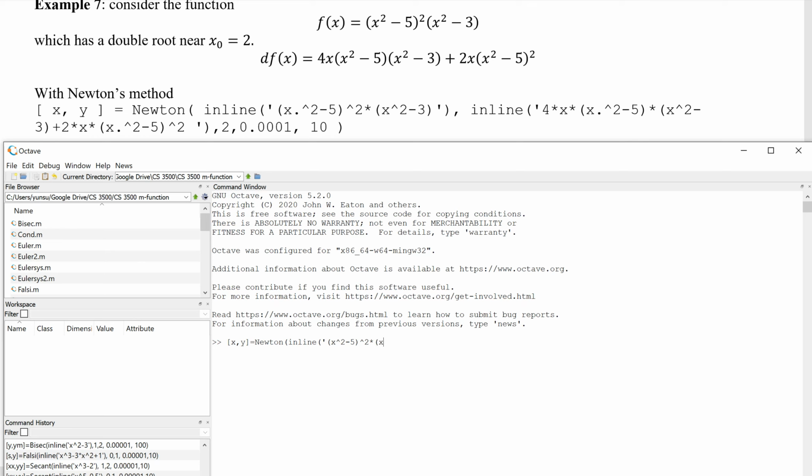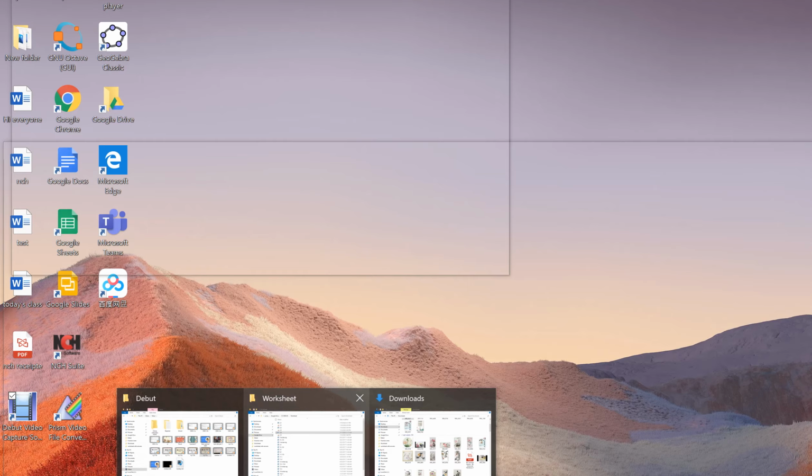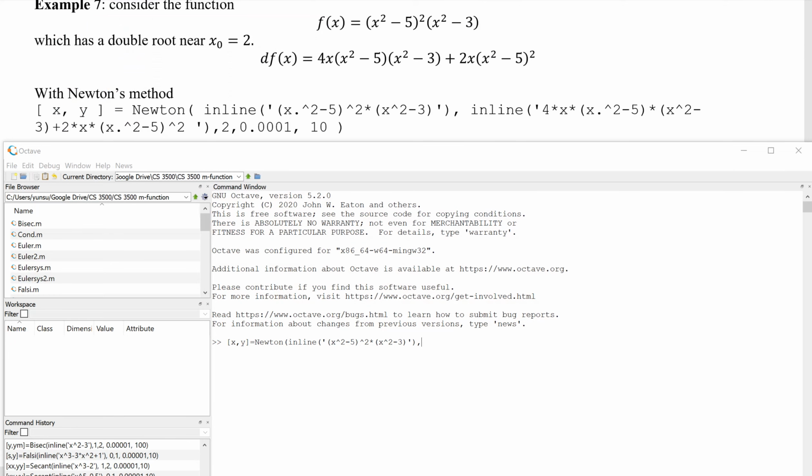By the way, in the M function folder that you download, there is a Word file which includes all the easy-to-make mistakes that I made before. Let me show you here.